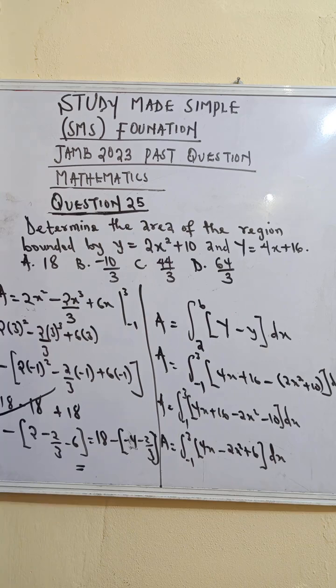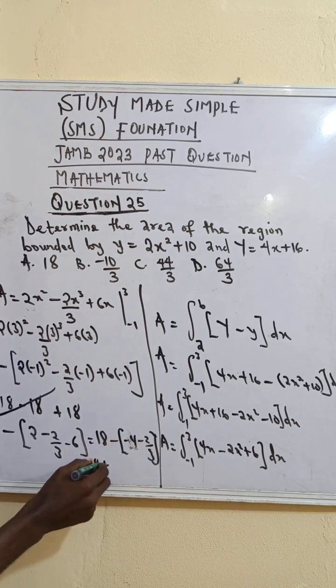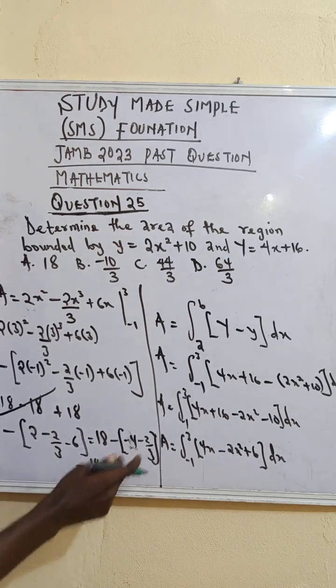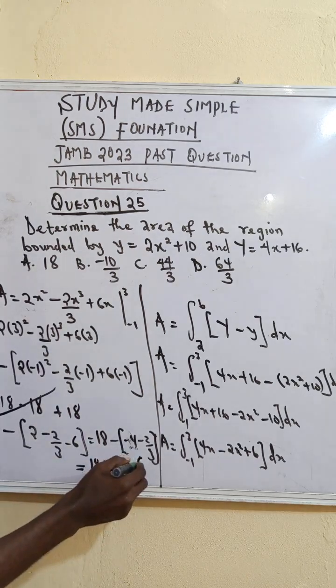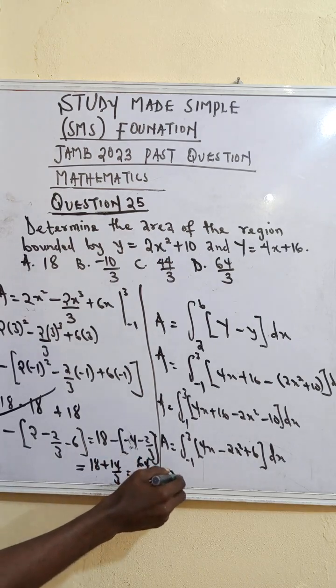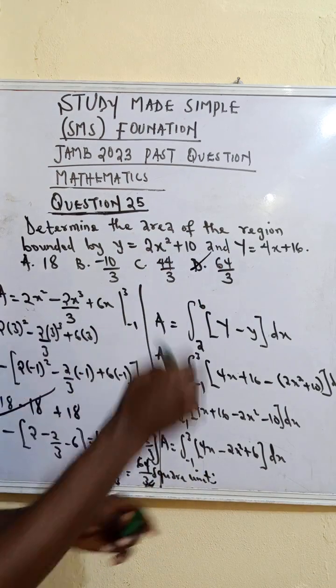Minus 12 minus 2, that's minus 14. So 18 minus and minus will be plus 14 over 3. At the end of the day, if I multiply and add, I will have 64 all over 3 square units. So this is my final answer, option D.